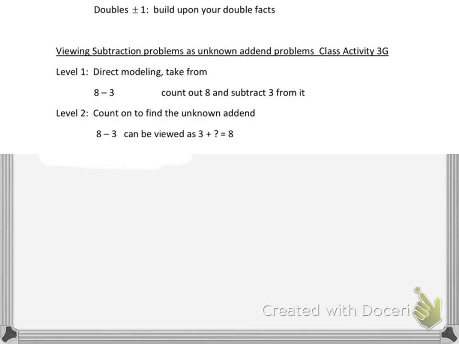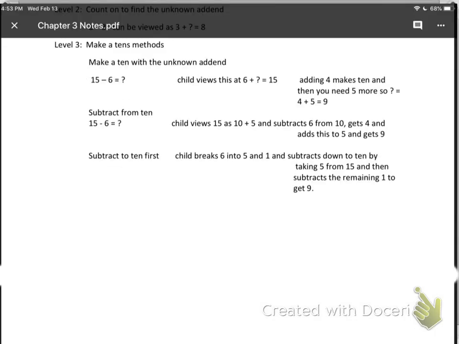Let's go to level 3 next. In level 3, we're getting into some sophisticated methods of doing mental math, really. So the make a tens method is one of the level 3 methodologies. This first one is make a 10 with the unknown add-in. You take a subtraction problem, 15 minus 6, and you view this as 6 plus some unknown add-in.